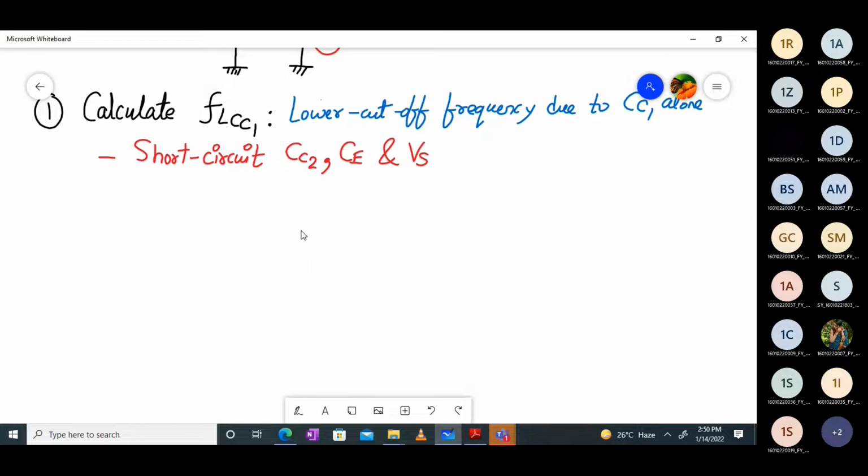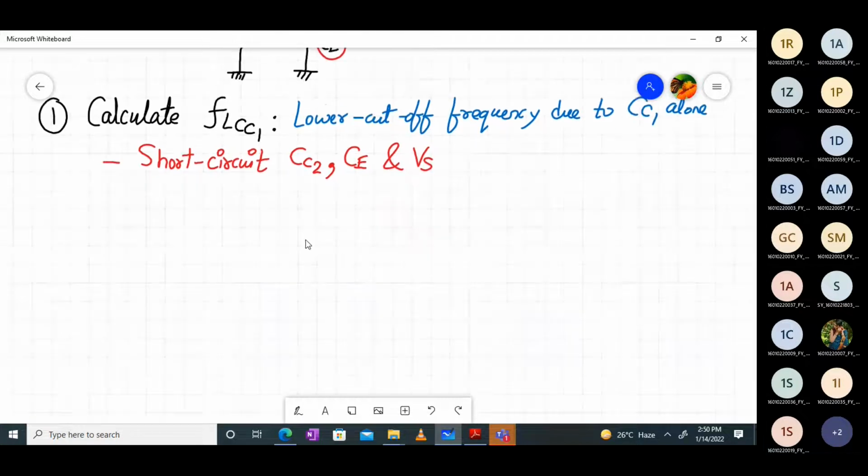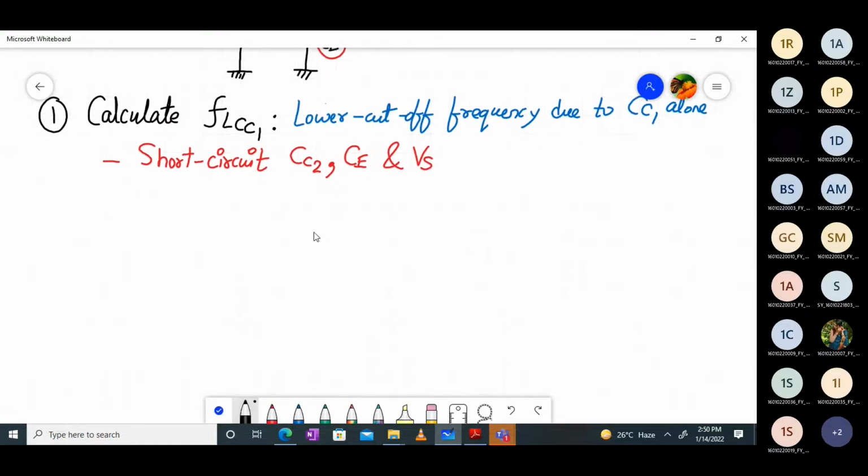First of all, we'll draw the small signal model. Let me take a black color. The small signal model will consist of R pi. This is my R pi resistance. Here I have my base terminal, and here I will have a current source, sorry, not a voltage source.